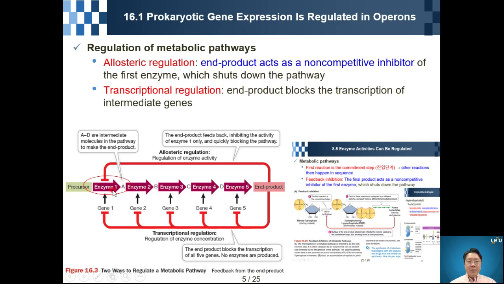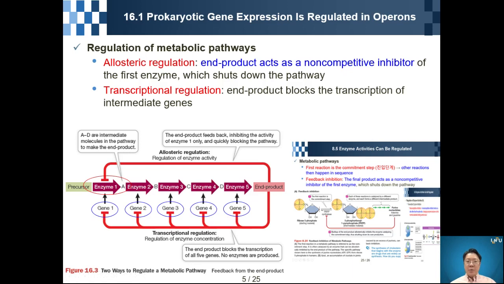Enzyme 1 is encoded by gene 1, enzyme 2 by gene 2, enzyme 3 by gene 3, and enzyme 5 by gene 5. Transcriptional regulation means that the end product blocks the transcription of the intermediate genes, like this.